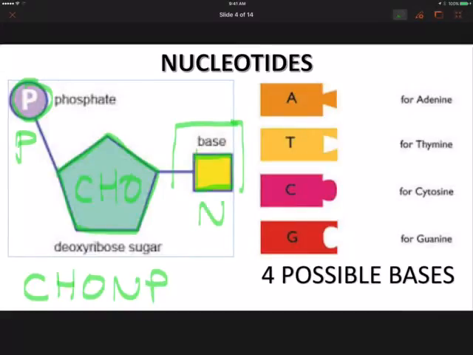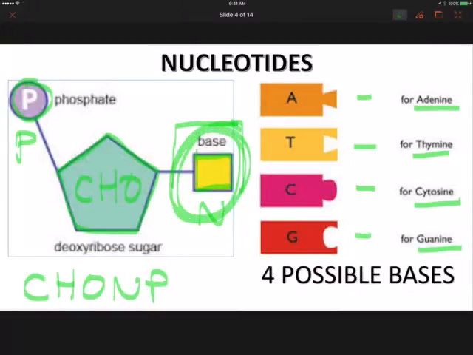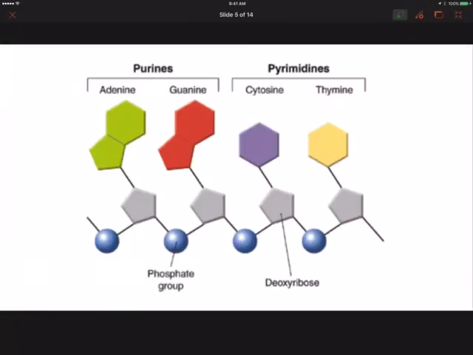And if you remember, we have 4 possible bases. We have adenine, thymine, cytosine, or guanine. So this base right here is going to be either an adenine, thymine, cytosine, or guanine if we're talking about DNA. We like to abbreviate it with the first letter. So A is adenine, T is thymine, C is cytosine, G is guanine.